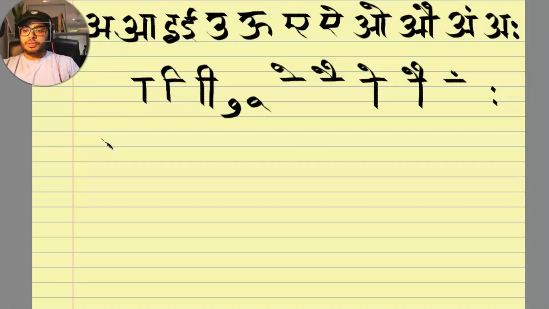The next sound is cho. For cho, how we make it is by a horizontal line, and then we rotate it like this, and then we have a vertical line, and then the dash on top.